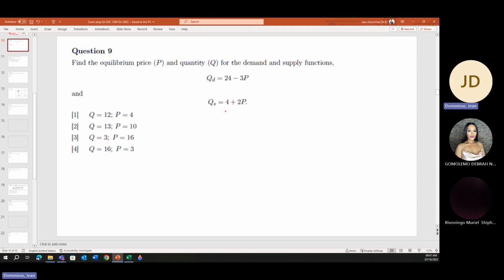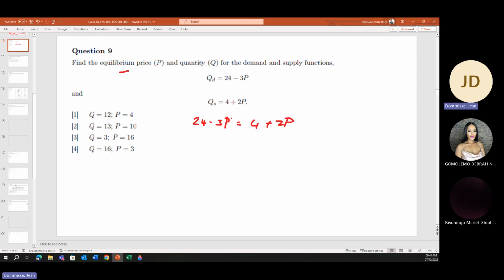So if we know the price, we can then stop. We don't need to go on to the quantity, but I will quickly show how we do both so that you can see if there is duplication. So they tell us, okay, those two, we work in equilibrium. So 24 minus 3p is equal to 4 plus 2p.